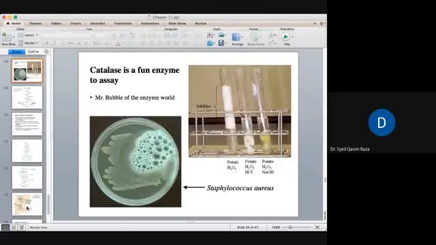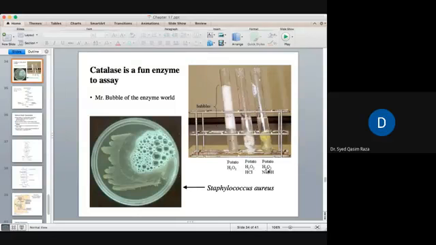Again, catalase is basically a fun enzyme, as we call it the Mr. Bubble enzyme, because it produces oxygen when it converts hydrogen peroxide. For example, in potatoes with hydrogen peroxide, you have bubbling from the production of oxygen. But if you put HCl, it will not produce this bubble, but there is the production of jelly-like material.